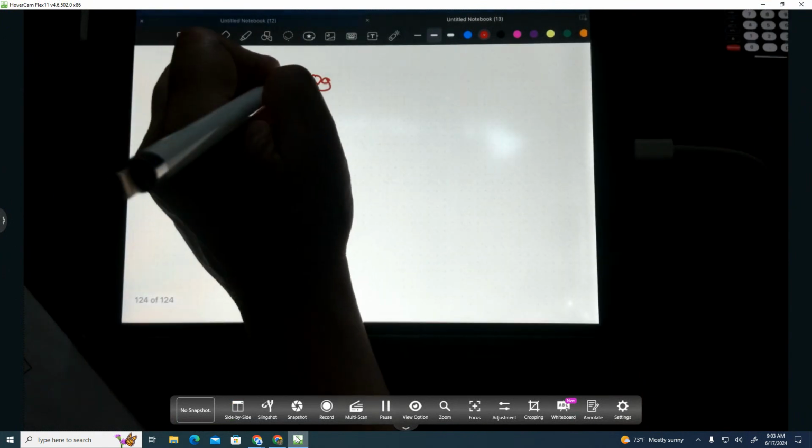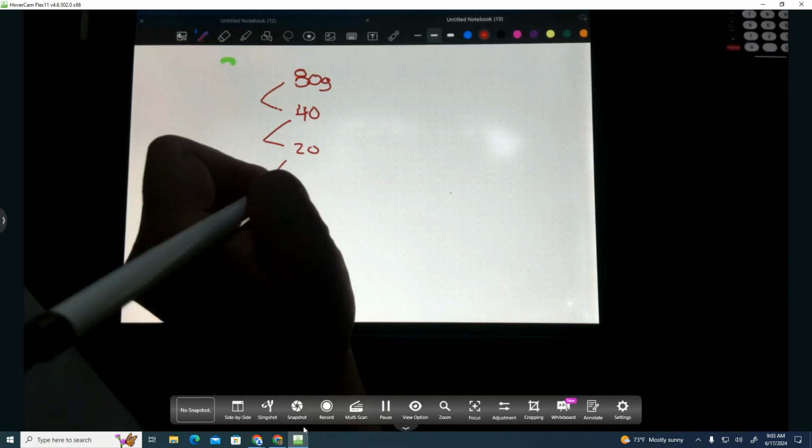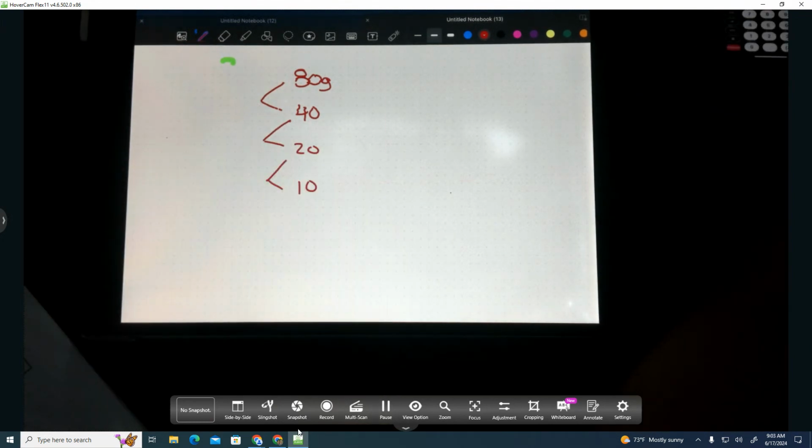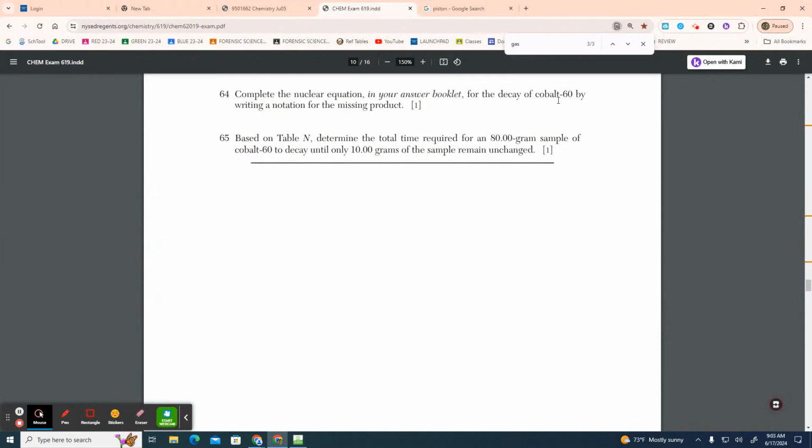If I start at 80 grams, after one half-life goes by, how many am I going to have left? 40. After another half-life goes by, 20. And then after a third, I have 10. So how long does it take to go from 80 to 10?